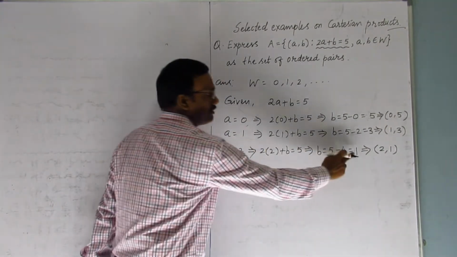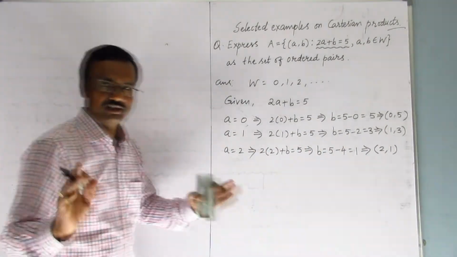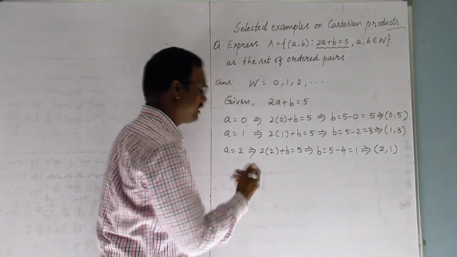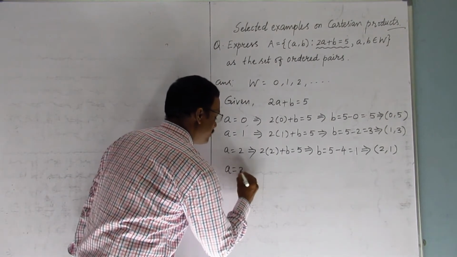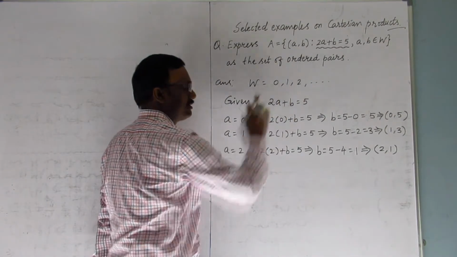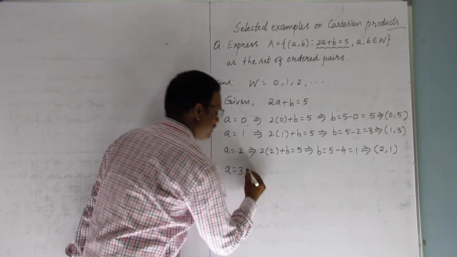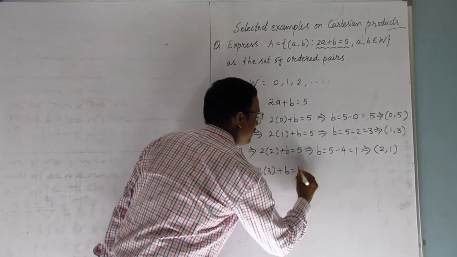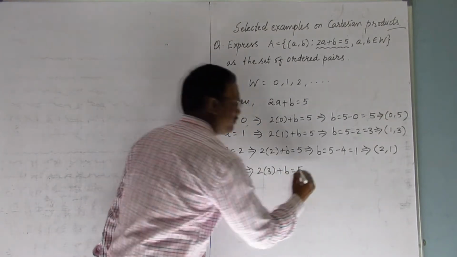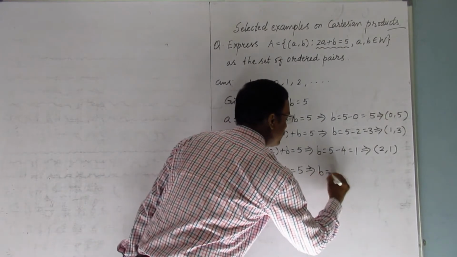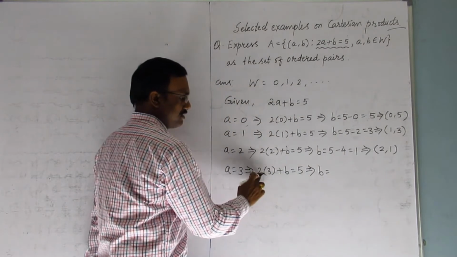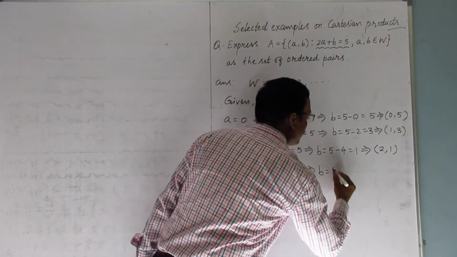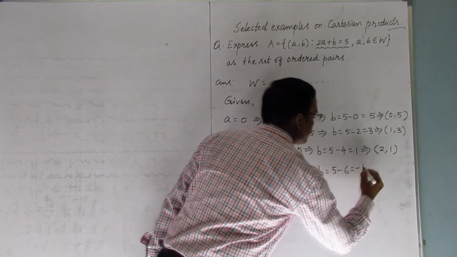2, 1. Now, very important. See the next element carefully. a equal to 3. We can choose a equal to 3 here. But see what happens: 2 into 3 plus b is equal to 5. That means b is equal to 5 minus 2 into 3, which is 6. 5 minus 6 is minus 1.